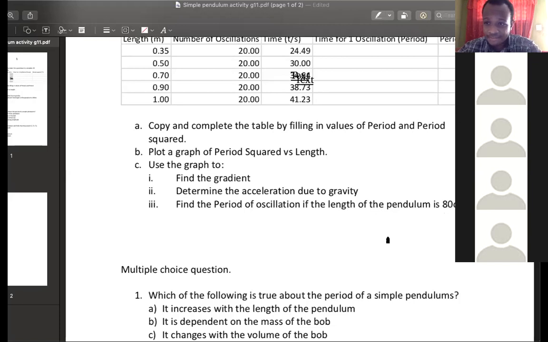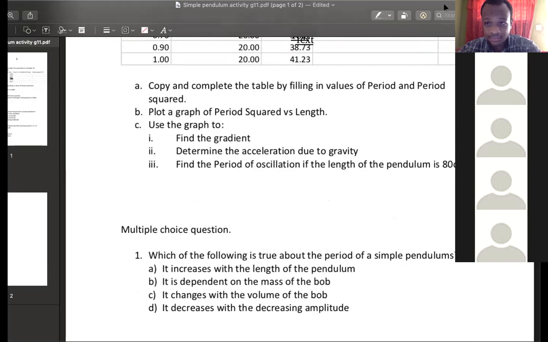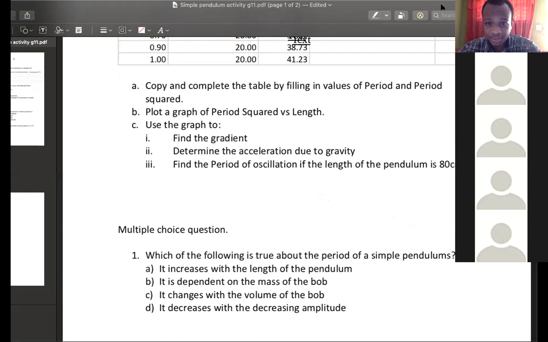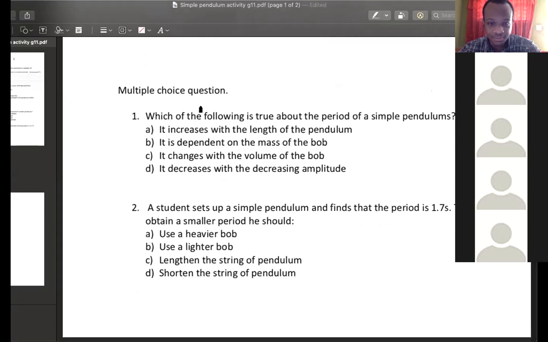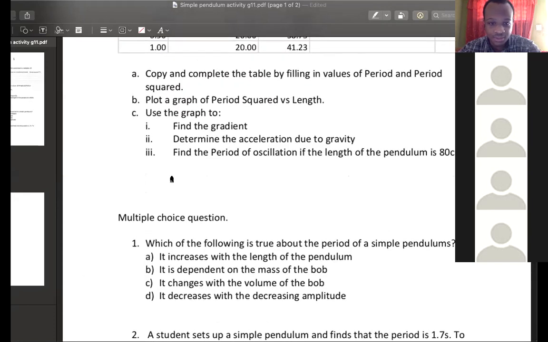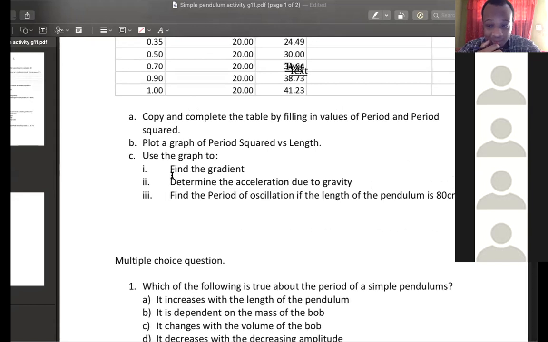We can go through that. Well, let me bring up a sample of this section here. And these two multiple choice questions are very easy, right? Very easy questions straight from the CSEC past papers, right?